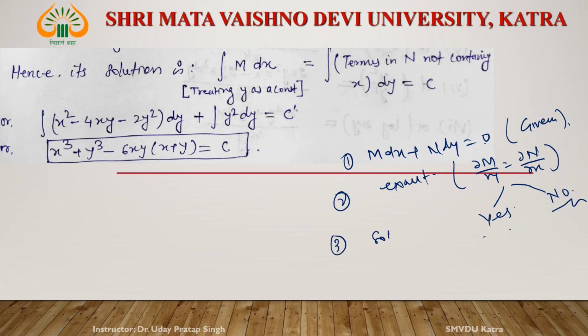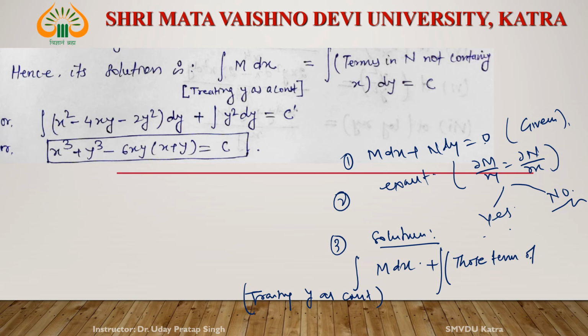then the solution is found by this method: integrating capital M with respect to x, treating y as constant, plus integrating those terms of capital N that do not contain x, with respect to y, equal to a constant of integration.